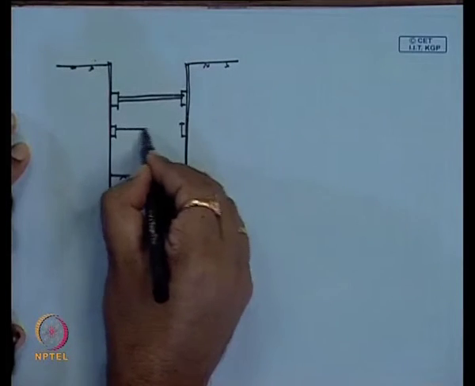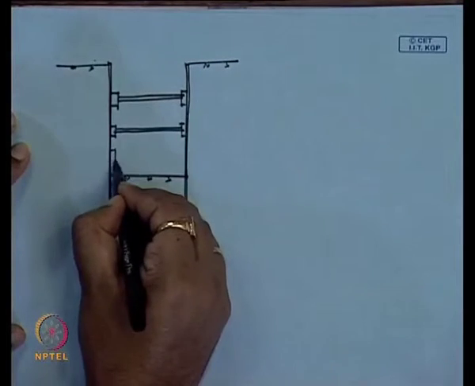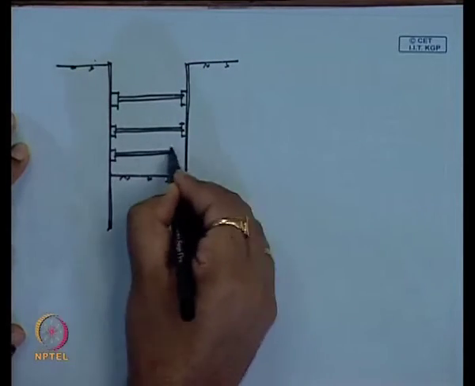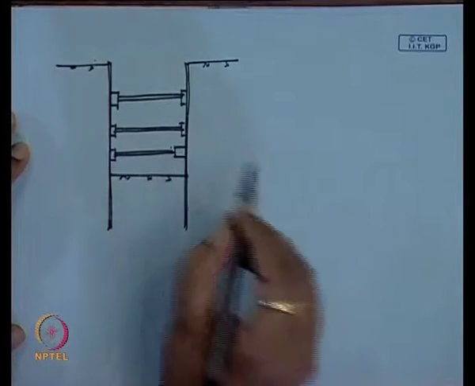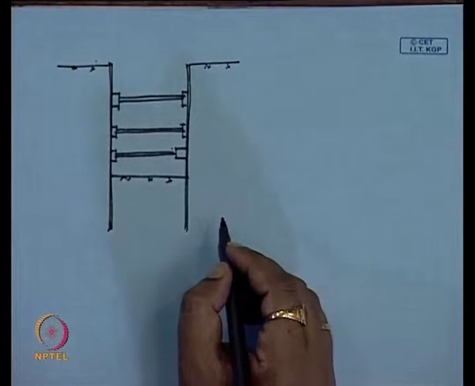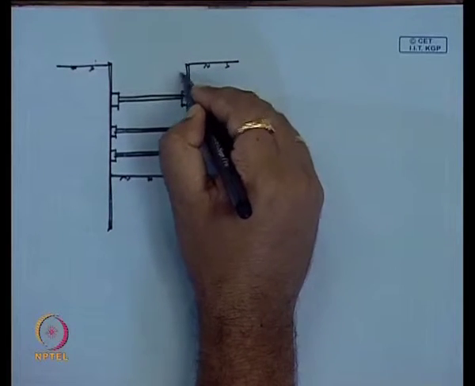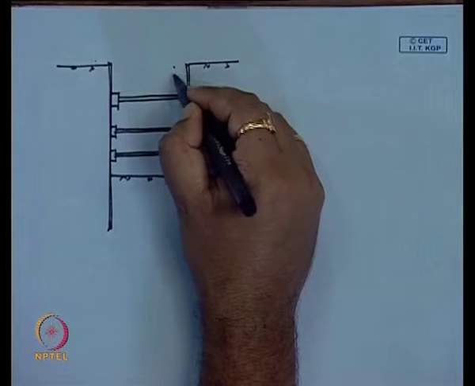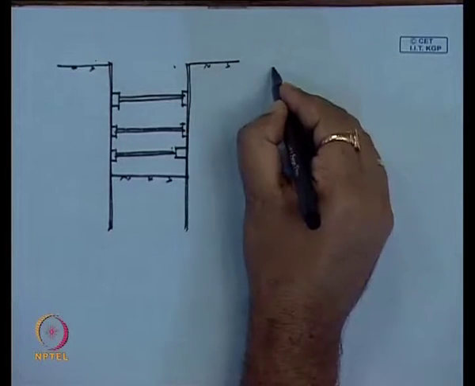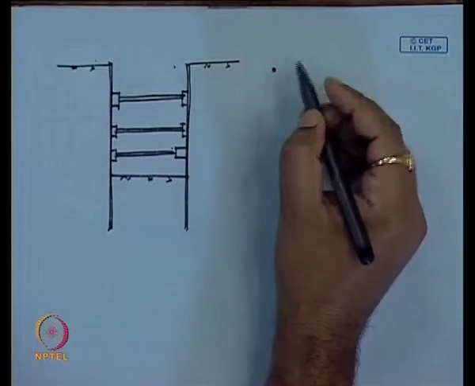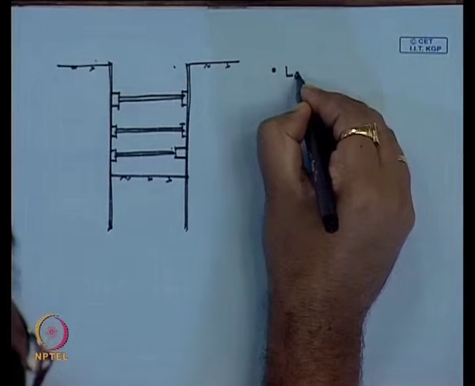The things that we have to observe should be within permissible limits: this support will deflect, so there is a lateral deformation of the support.